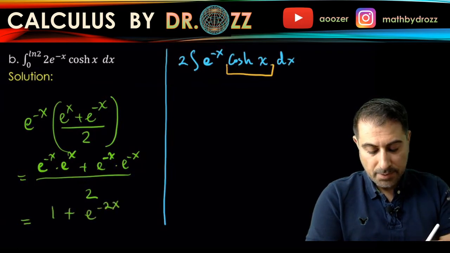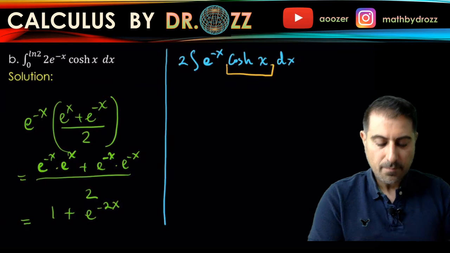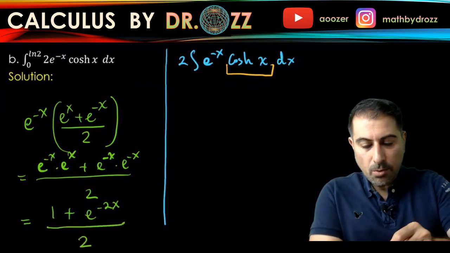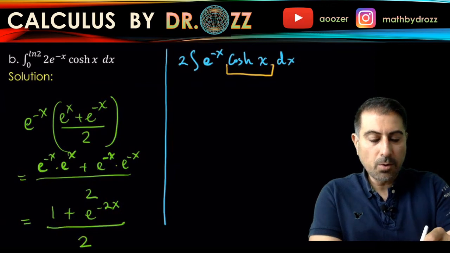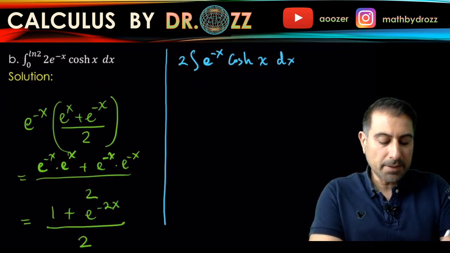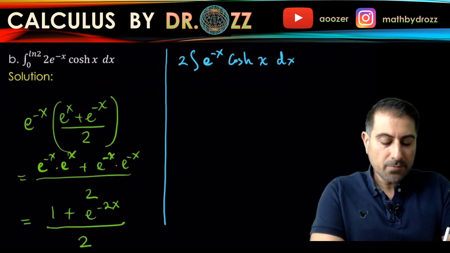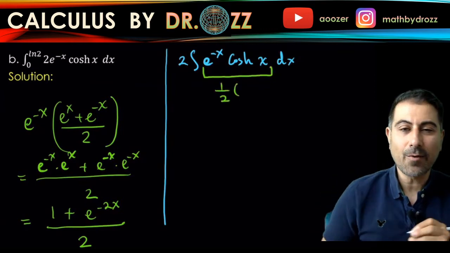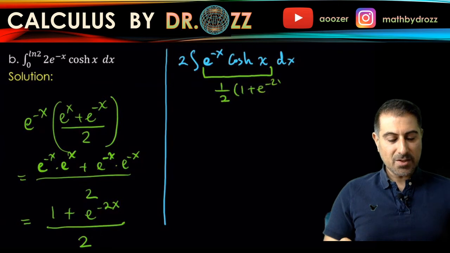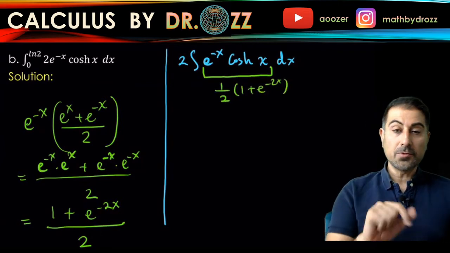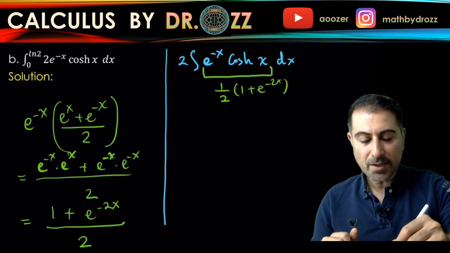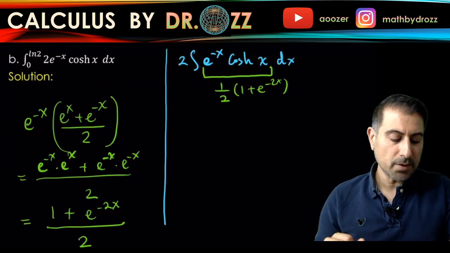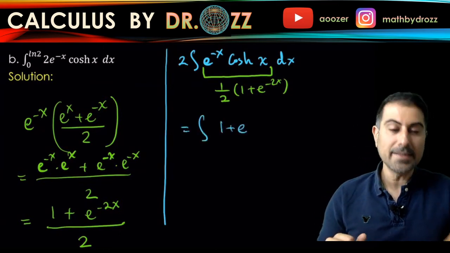So 1 plus e to the minus 2x divided by 2. So this whole integrand can be replaced by 1/2 times 1 plus e to the minus 2x. How awesome, right? Because this 1/2 is going to cancel out the 2 outside. So this integral is going to look like just the integral of 1 plus e to the minus 2x dx.